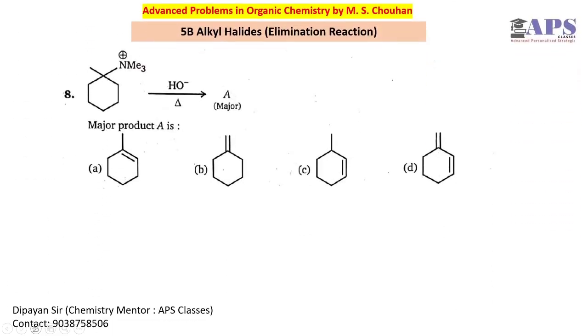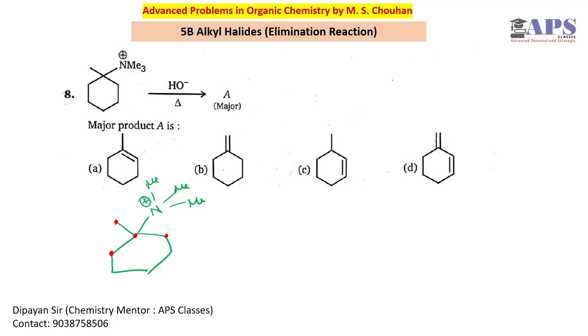So again, this is a case of Hofmann exhaustive methylation where we have to perform the elimination only. As all of us know, if nitrogen is positively charged, then it is a Hofmann type of elimination, and in Hofmann type of elimination, we have to remove hydrogen from the beta carbon where the number of hydrogen is more. So this is alpha carbon, this is beta carbon, beta carbon, beta carbon.